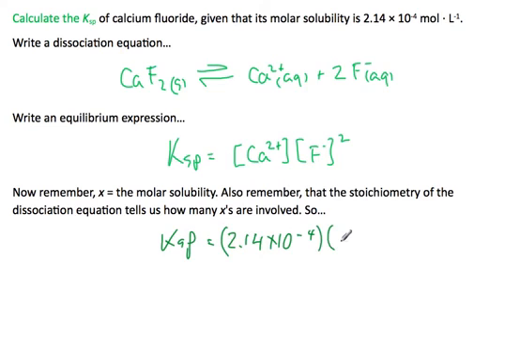But there's going to be 2 times x for fluoride because it's 2F minus, so it's going to be 2 times 2.14 times 10 to the minus 4, and that's all squared. And so when we plug away at that, we get a KSP for calcium fluoride of 3.92 times 10 to the negative 11. So the KSP of calcium fluoride at this temperature, which isn't stated, is 3.92 times 10 to the negative 11.